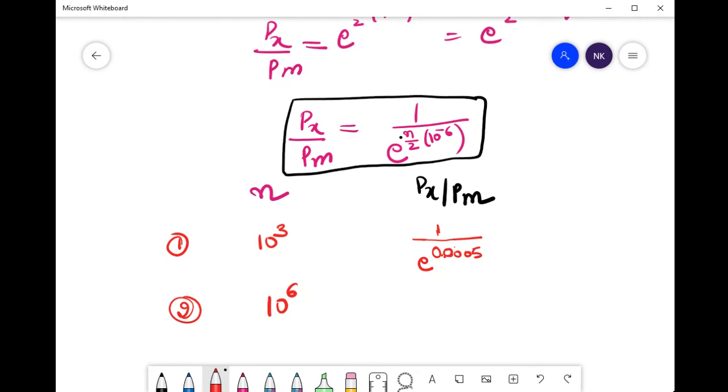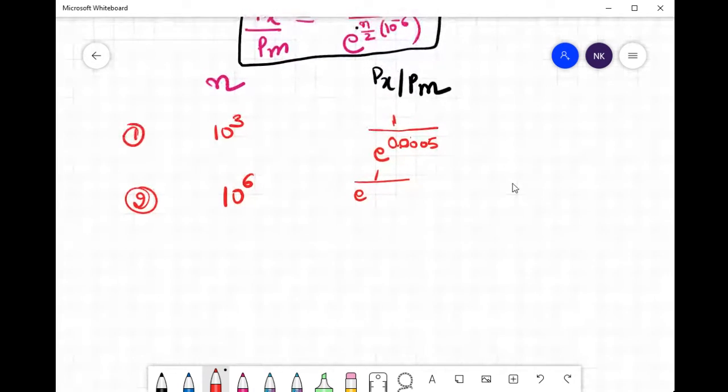If it is 10 raised to power 6, then what are you getting? 1 upon e, how much is coming? Substitute in n by 2, how much is coming?